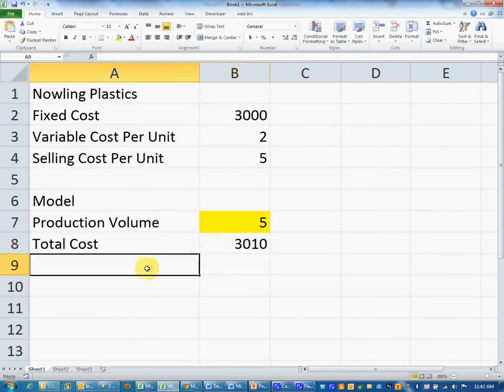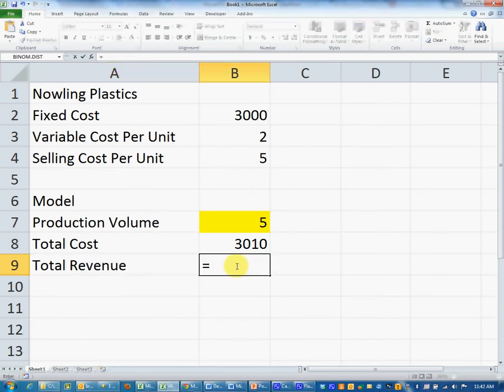Okay, total revenue is what? Equal sign B7 times B12. Or, sorry, it's different for us, B5 times B8. For you it's different. For us it would be selling price per unit, so how much you sell it for times how many you've sold.